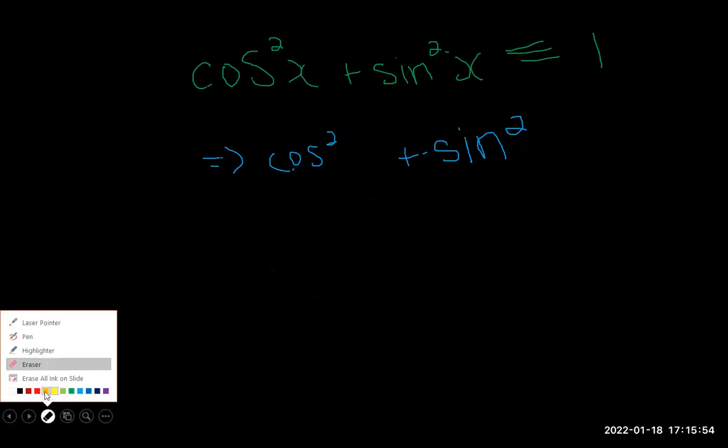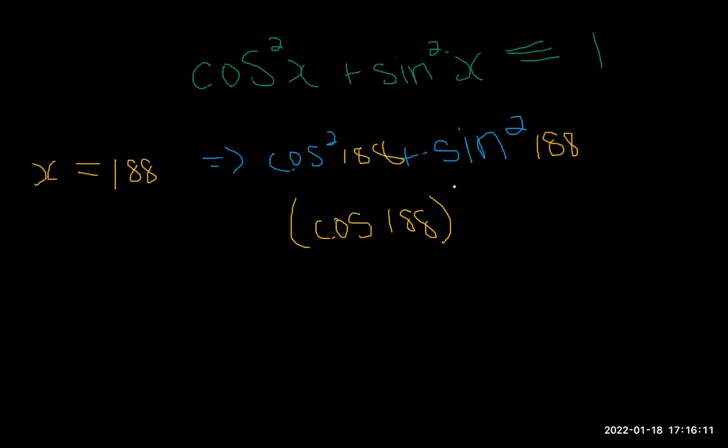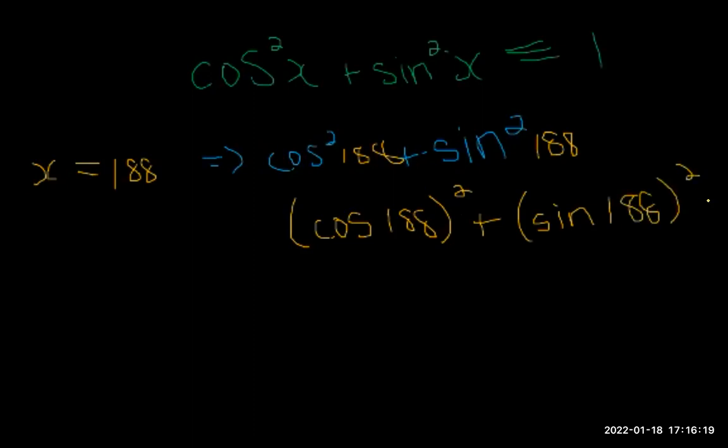If I said 188. We said cos squared of 188 can also be written as cos of 188 squared plus sine of 188 squared. Can anybody tell me what's the answer when you put it into your calculator? I got 1, miss.